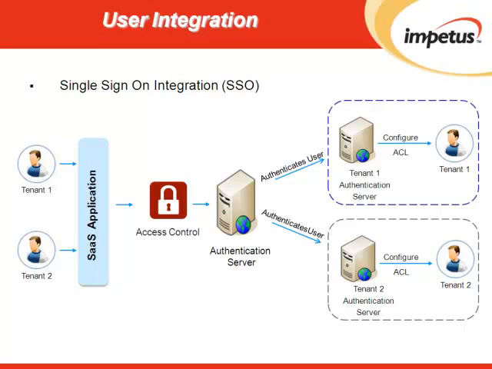Certainly. As you can see in the diagram, when a particular user accesses the application, the access control module communicates with the configured tenant's SSO application. The application then allows users of the SaaS product without requiring the SaaS product to approach the tenant base directly.